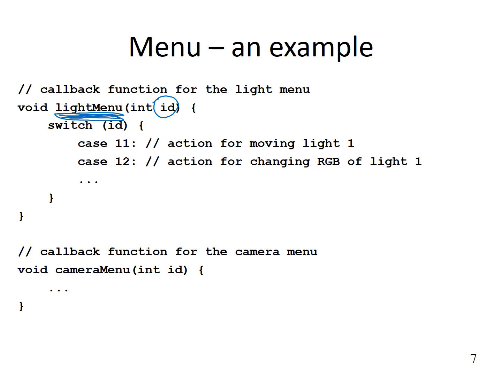And because we had multiple menus defined in this sub menu, we use the switch instead of if statement. So case 1, case 2, and so on. We can define multiple operations depending upon which particular entry of this sub menu is selected. Here is the callback function for the camera menu, which again takes the integer ID as input, and depending on that integer ID, we perform certain operations which depend on what the user has selected.